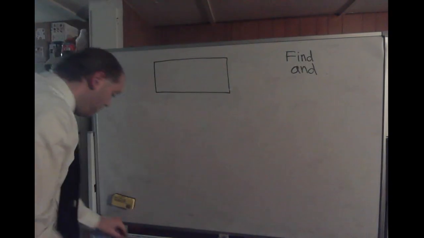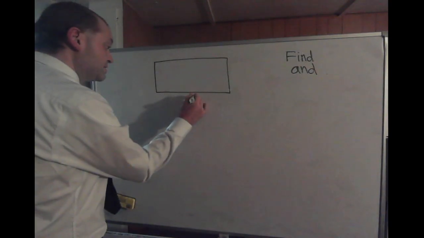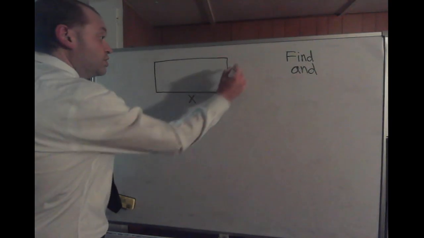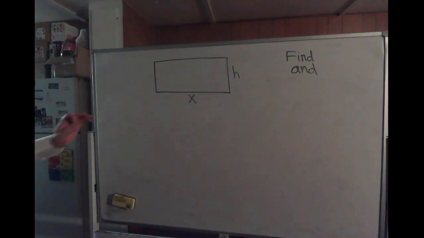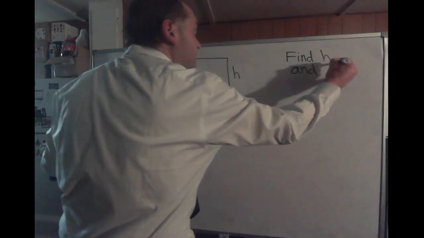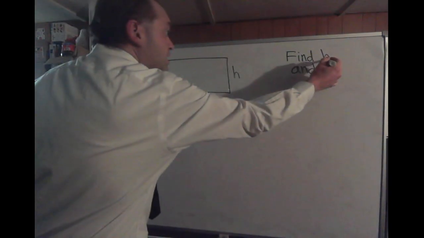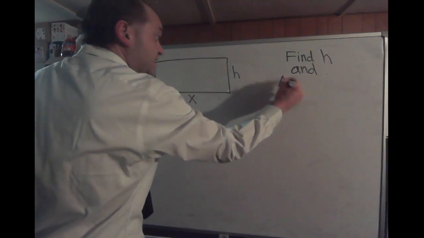What do we got here? All right, let's see. Base has a length of x. We don't know the height. So the height will definitely be one of the things we've got to find. They actually give us the area for once.